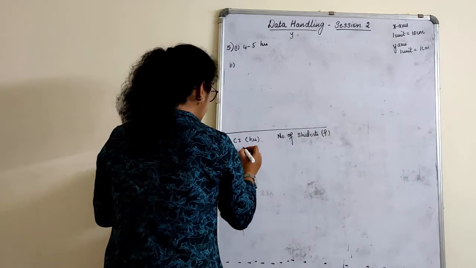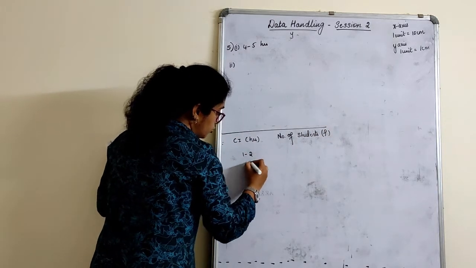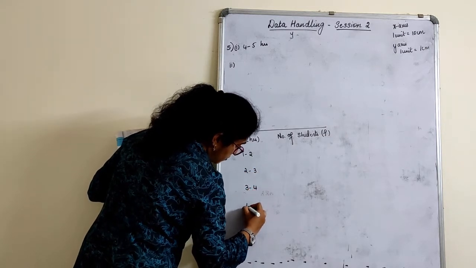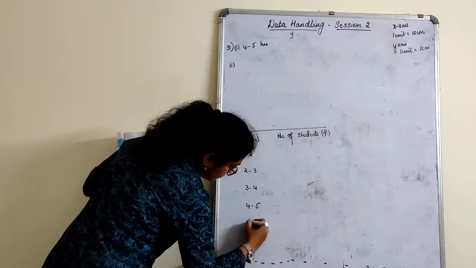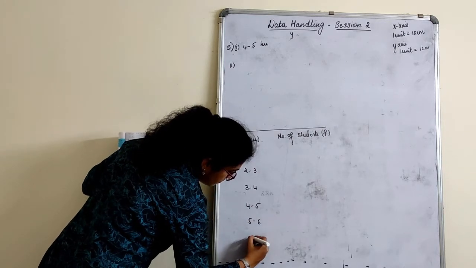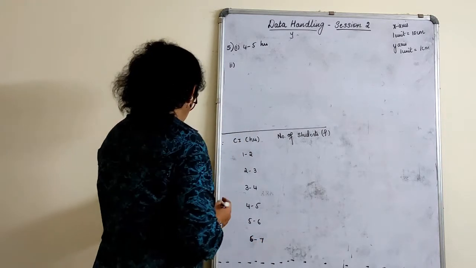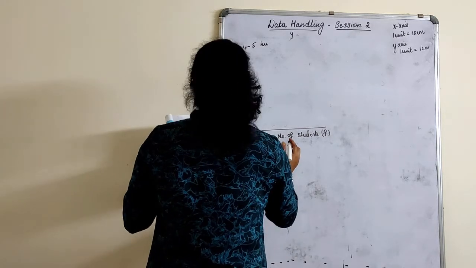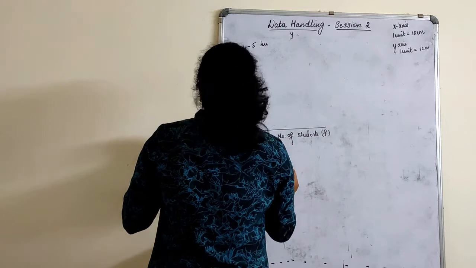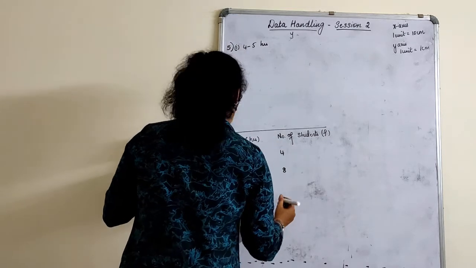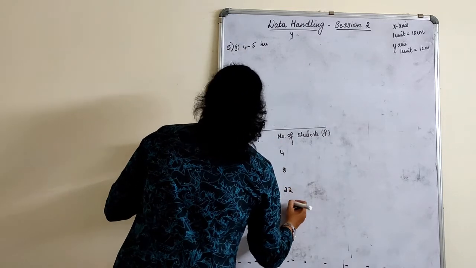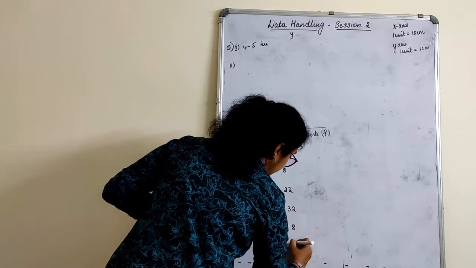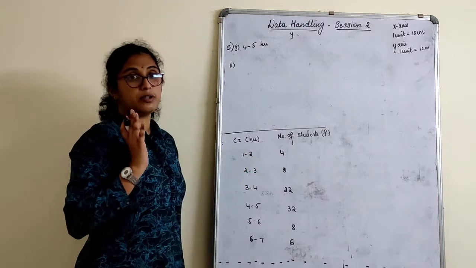It will start from 1 to 2, 2 to 3, 3 to 4, 4 to 5, 5 to 6, 6 to 7. That is last. They have also marked it: 1 to 2 is 4, 2 to 3 is 8 number of students. Then we have 22, then we have 32, then we have 8, then we have 6. I think this is best thing to answer.